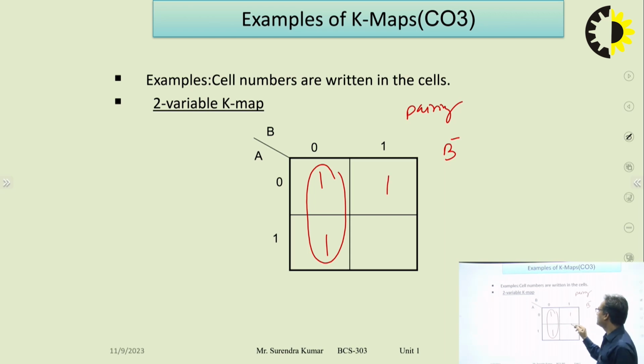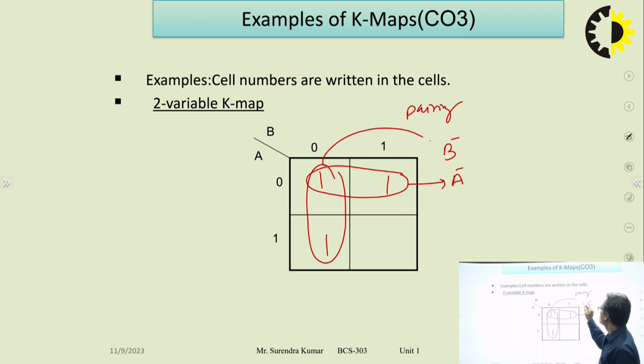If you have 1 here also, you will combine it with these two ones, because you have to maximize the pairing. You can create a pair, you can create a quad, you can create an octet, you can create hexa values. So here B is changing from 0 to 1, so the expression will be A bar here.